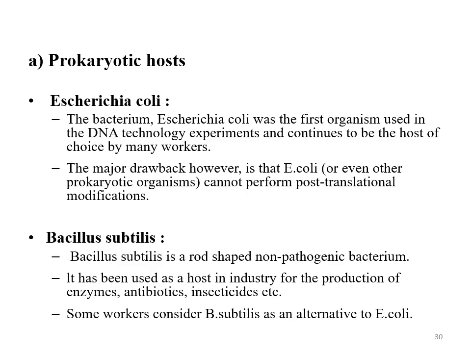But the major drawback of using Escherichia coli as a host cell is that it cannot perform the post-translational modifications which are important for the expression of DNA, or the synthesis of proteins which are encoded by the recombinant DNA.